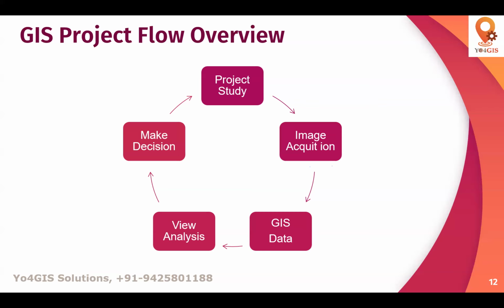Some of the sources are free, some are paid. If you want to take free images, you can take those. If you want high resolution, very accurate images, then you can purchase them. Both options are available, but the second important thing is image acquisition.